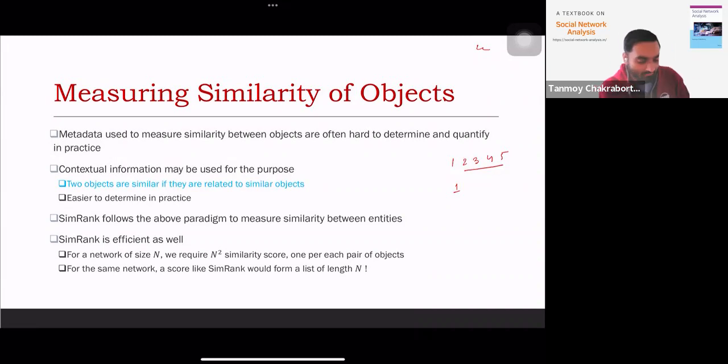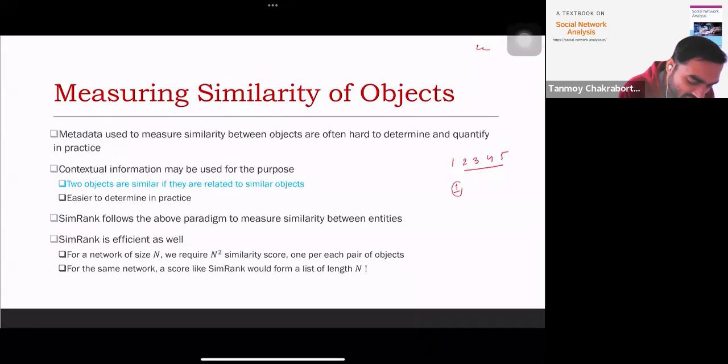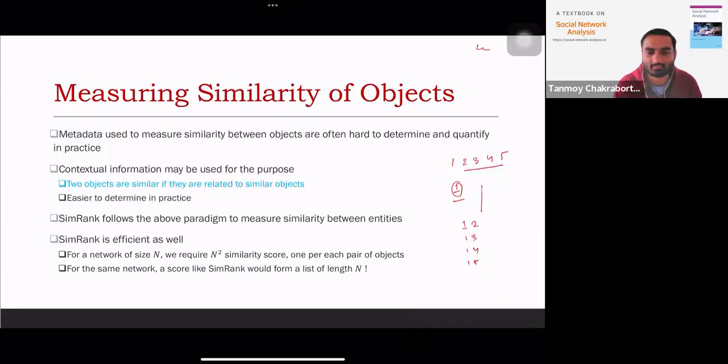So here you see that we fix a particular item and then we rank other items. Essentially we measure the similarity between 1 and 2, 1 and 3, 1 and 4, 1 and 5, and then rank. So this is with respect to a particular item. Whereas PageRank and DivRank are irrespective of any query or any particular object.